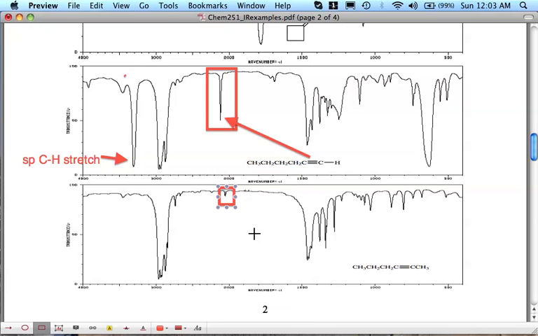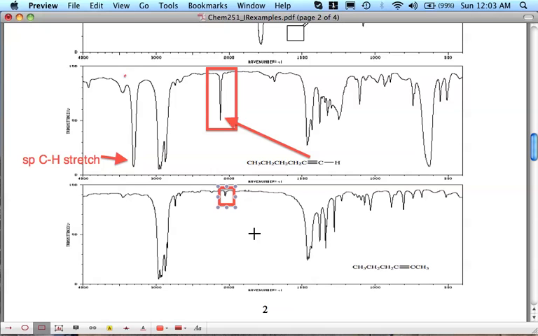Now, why is it so small in the spectrum? The reason goes back to what makes a peak more intense or less intense in the IR. And what was that? It was the change in dipole moment.